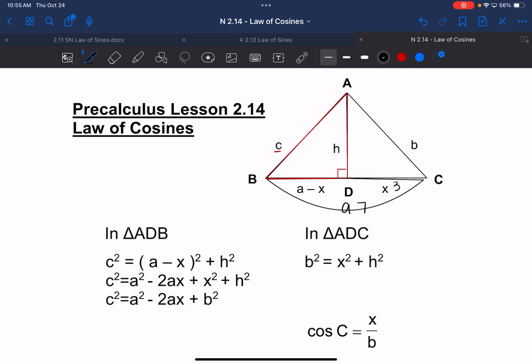If you knew the whole bottom was 7 and that piece over there was 3, what would you do to find the piece in red? Right, we would subtract. So that's what they did. That's how they came up with A minus X. They said the whole bottom is A. That piece over there is X. So this piece must be A minus X. All right, so that's how they came up with that value.